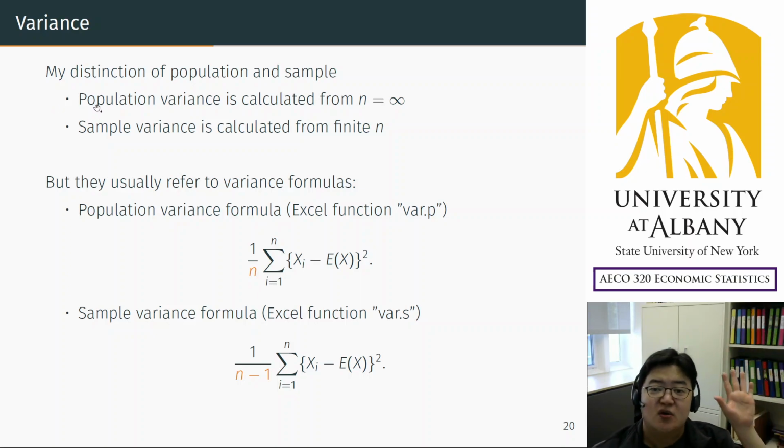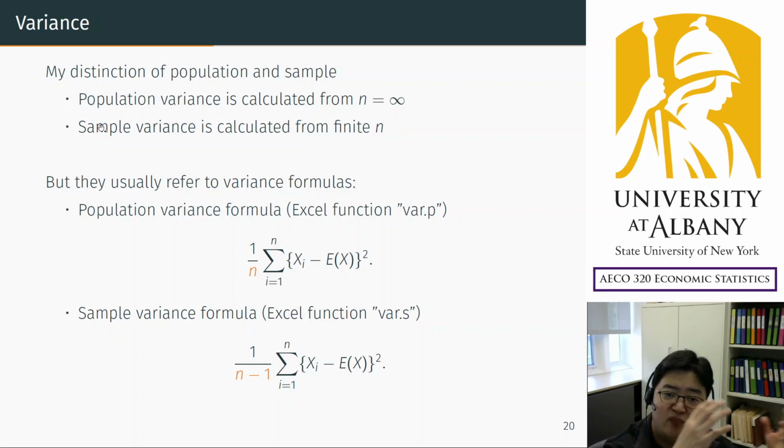If you could observe an infinite number of observations, then you know the population. You know the population probability, population mean, population variance. On the other hand, you cannot observe infinite observations. So you only have a certain finite number of observations, which is called the sample. So it is just a part of the population, but we have it.